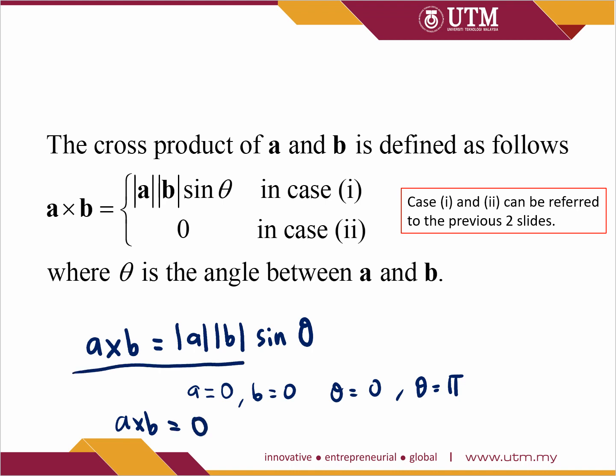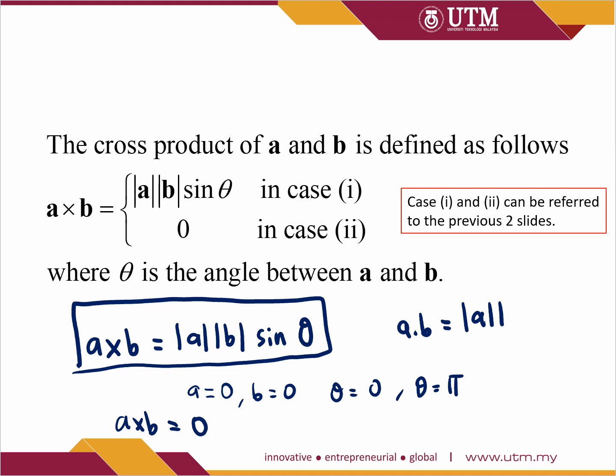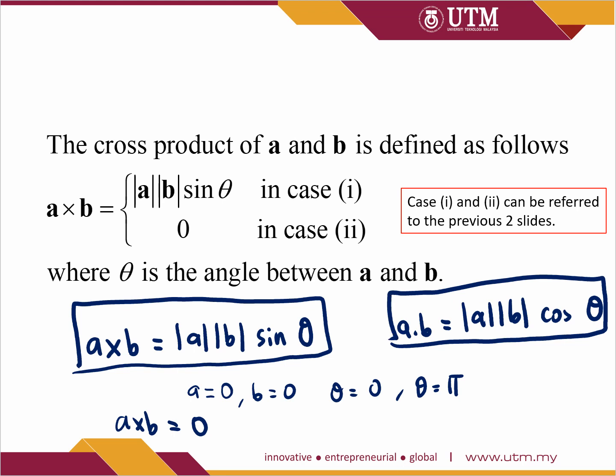But the basic formula for cross product would be this, and for the dot product, it will be this one, cos theta. So can you see the difference? For cross product, we use sin theta, and for dot product, we use cos theta. From here, we can also obtain the angle between two vectors.